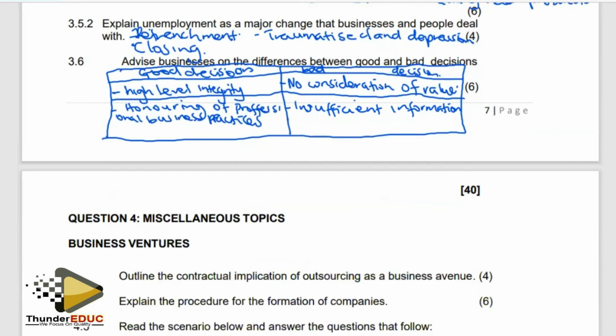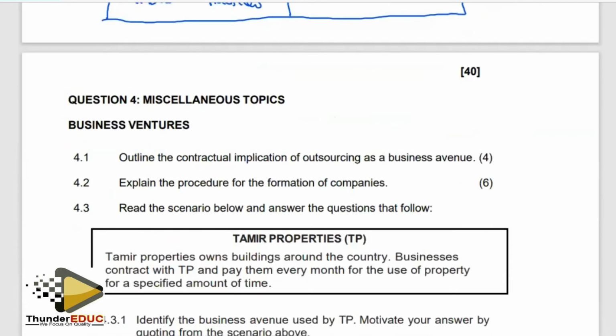Let's look at question number 4. These are miscellaneous topics. Miscellaneous topics, what does this mean? It is a combination of business ventures and business roles.